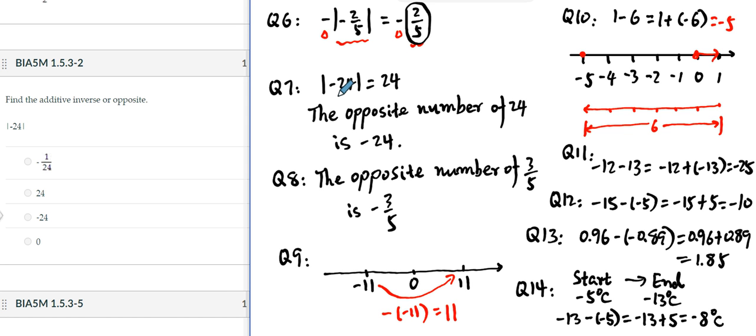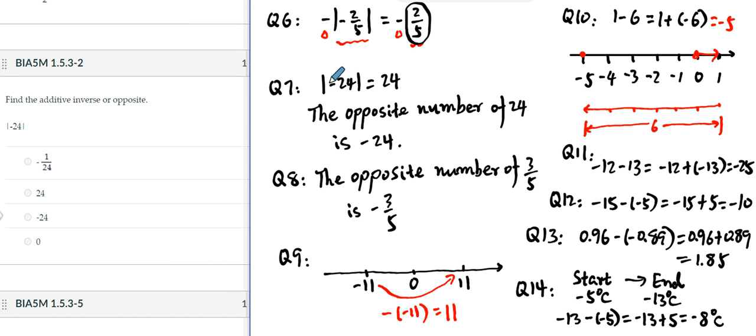So here, the distance between negative 24 and origin 0 is 24. It's like here. The distance between negative 2 over 5 and origin 0 is positive. And then you choose negative.